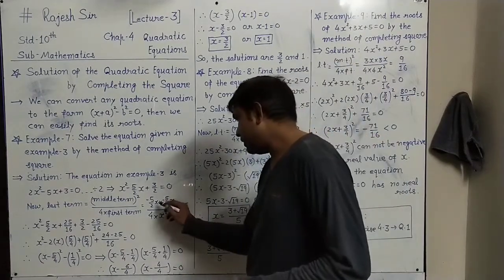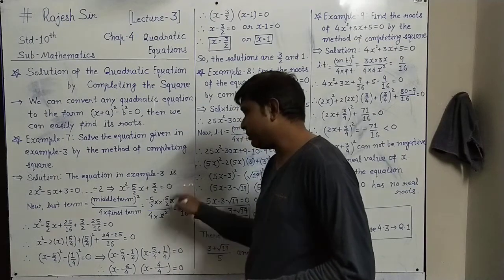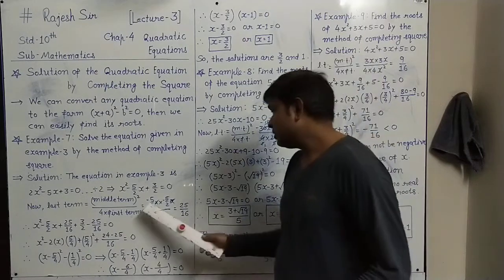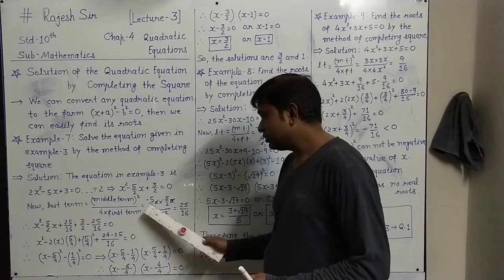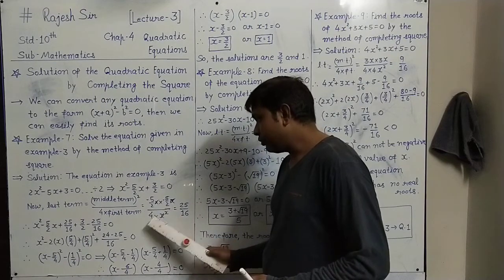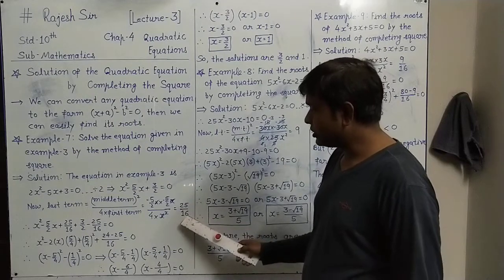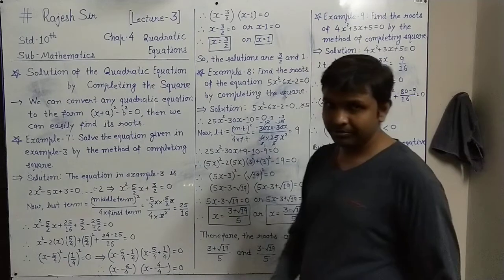First of all, one x is cancelled, second x is cancelled, up and down. Every x is cancelled. What about the numbers? Minus minus is plus, 5 fives are 25 up, and down 2 twos are 4 and 4 fours are 16. So totally we have 25 upon 16. This is the last term to make it a perfect trinomial.